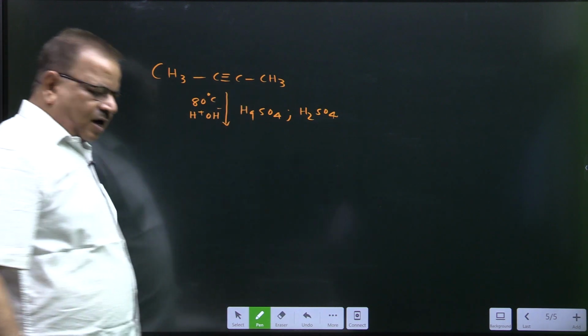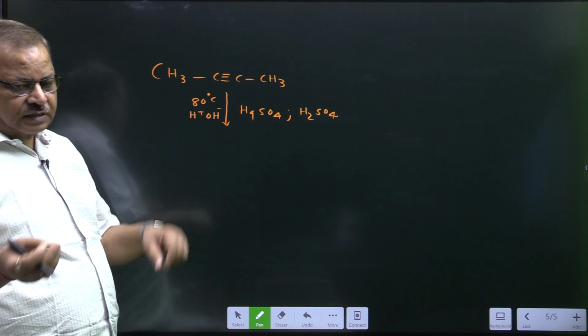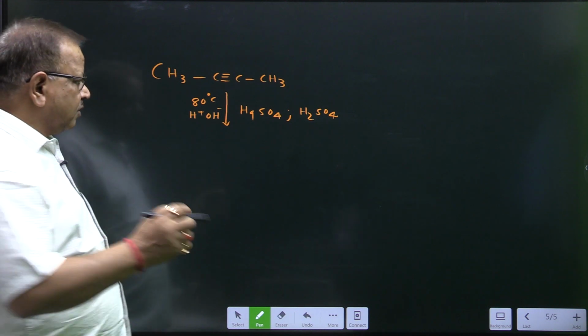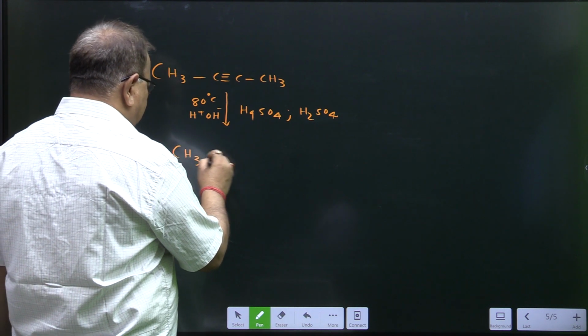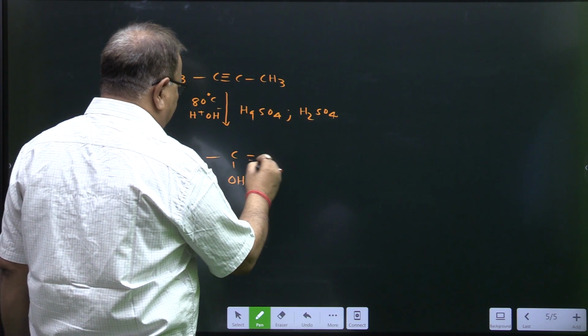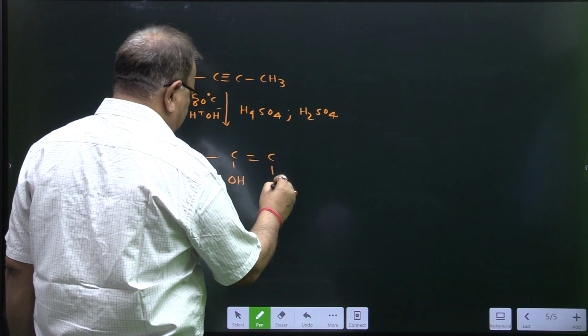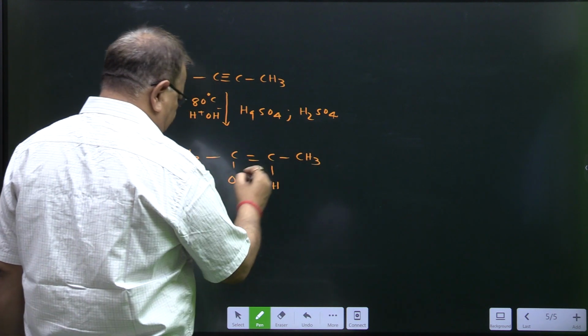In both carbons, the second and third carbon, there are no hydrogens. So we can add the OH on any carbon. Simply C(OH) double bond CH and CH3. Now it is the enol form.